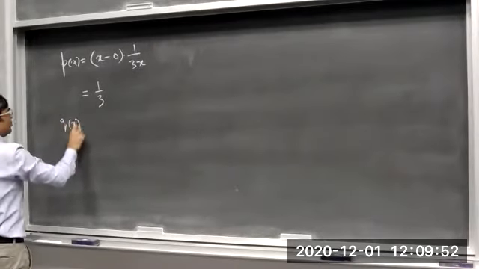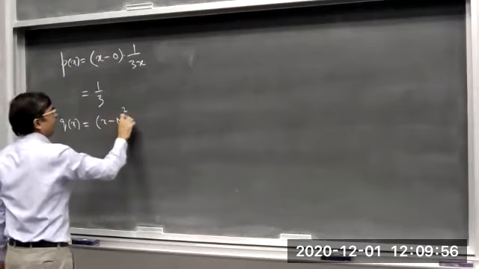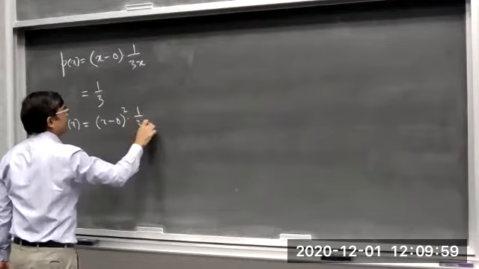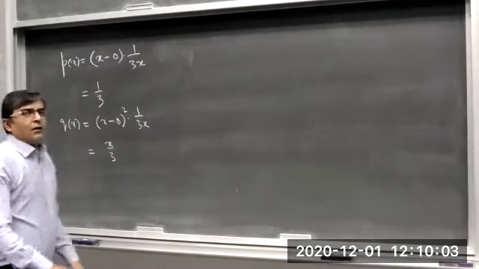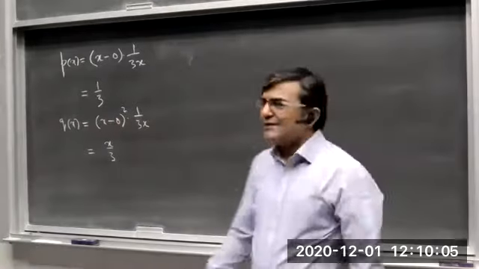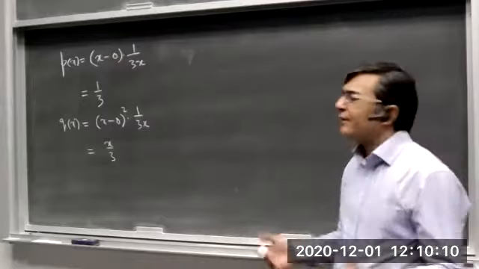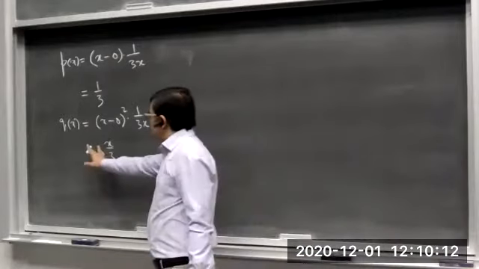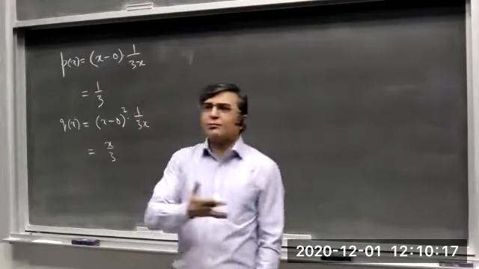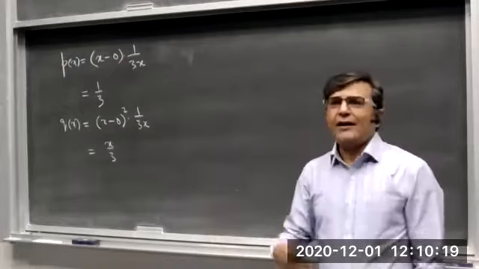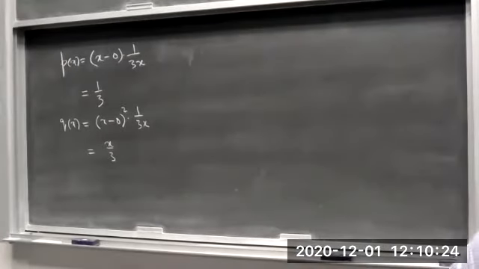Small q of x is x minus 0 whole square times capital Q of x, which is 1 over 3x, and it becomes x by 3. Now, you can see that p of x is a constant function, which is obviously continuous everywhere. q of x is also a polynomial kind of function, x power 1 with some coefficient. These two functions are analytic because they are continuous and differentiable.